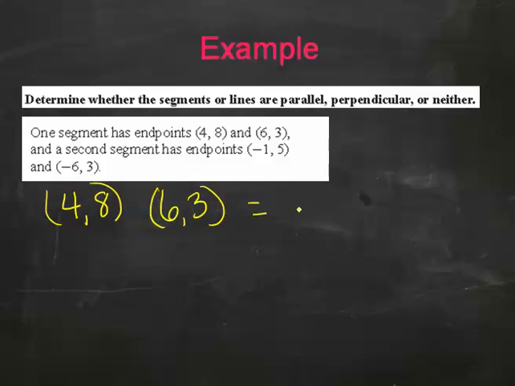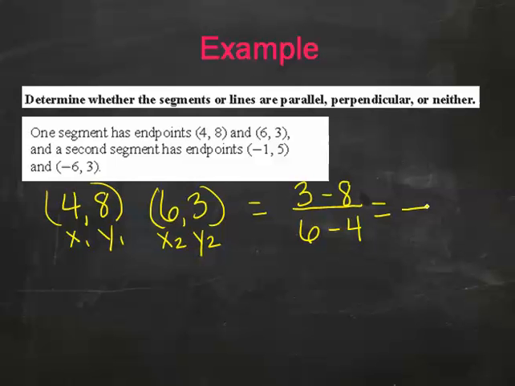Using that formula, the slope of a line is y2 minus y1 over x2 minus x1. So let me go ahead and label my points here. My y2 would be 3, my y1 would be 8, my x2 is 6, and my x1 is 4, making the first line have a slope of negative 5 over 2.